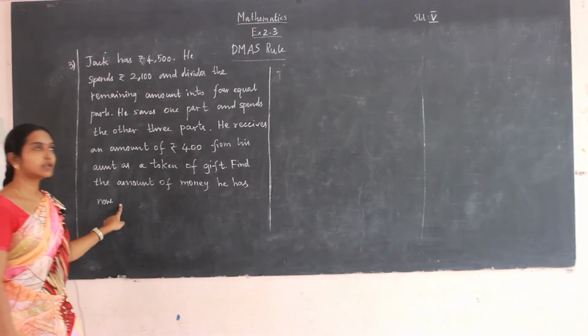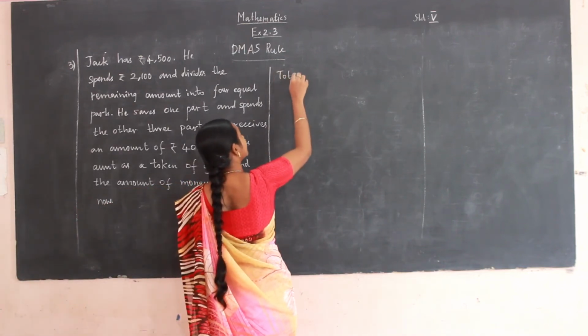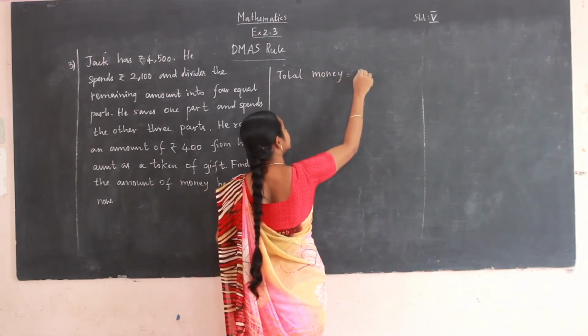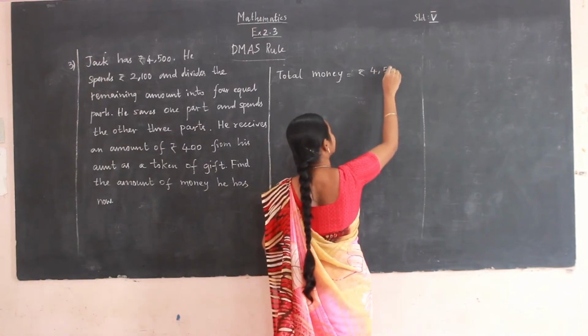Now what is given? Total money is given. Total money is rupees 4,500.